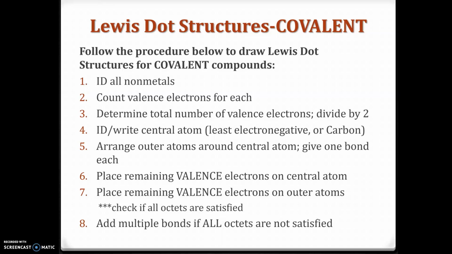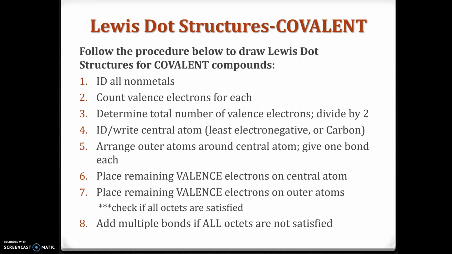So if carbon is there, we just know that carbon is going to be our central atom. The other thing that we can look for is atoms that are single atoms. So if we have a compound where one of the elements only has 1, and the other element has more than 1, then the one that is single is going to be our central atom.